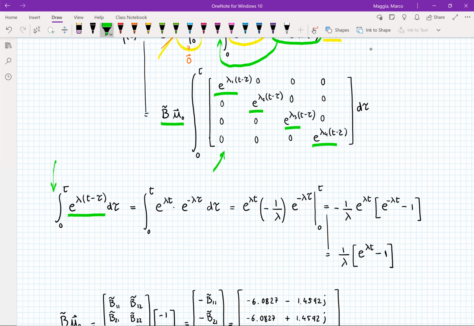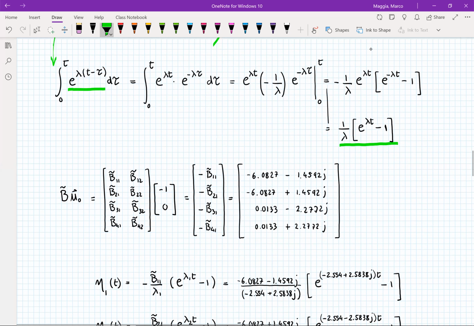I don't really have anything to add here, just to tell you that the result is 1 over lambda times (e to the power of lambda t, minus 1). If this is not clear, please ask me. But otherwise, I'll assume that you guys are familiar with solving integrals.